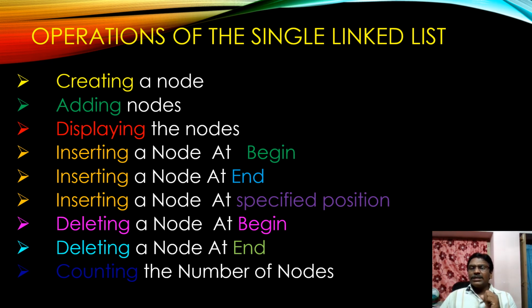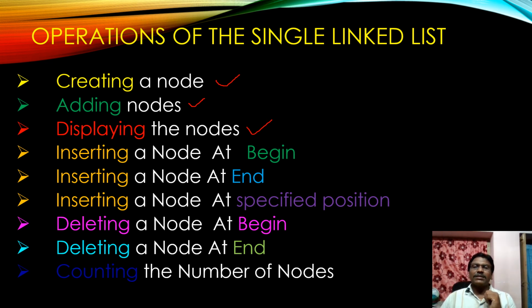The basic, important operations. The first operation, creating a node, which is mandatory. The next operation, adding nodes. Another one, displaying the nodes, which means the actual data is displayed. And next one, inserting a node at the beginning.